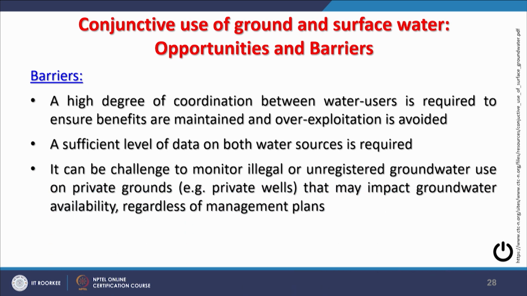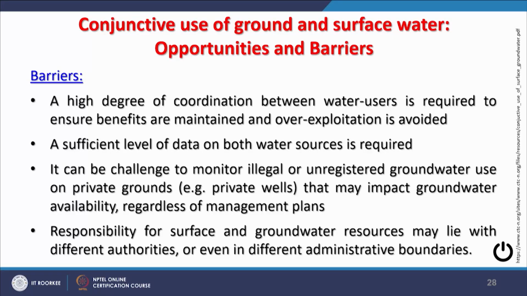So, it can be challenging to monitor illegal or unregistered groundwater use on private grounds, for example private wells, and that may impact groundwater availability regardless of management plans. The challenge here is basically how to monitor the use of water, because at a local level, in individual houses, how can you manage or monitor that?